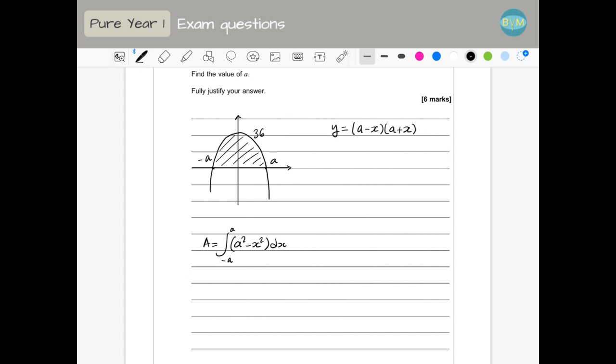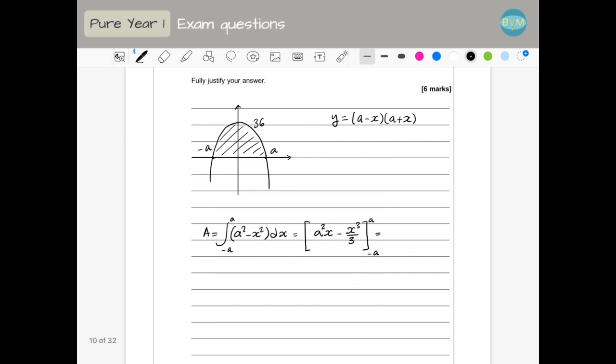I'm going to do the integral and then make it equal to 36. The first part is a constant, so it's going to be a squared x, then minus x cubed, one more divided by the new exponent, all between minus a and a.